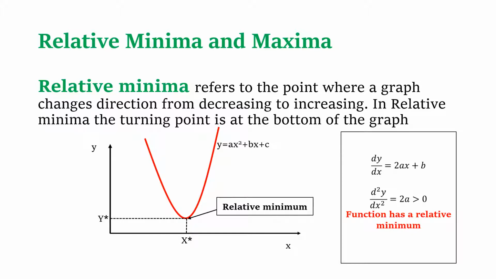You understand? But if it's positive, then obviously you have a minimum. That's how you know. It's simple, right? Now look at this graph. The function is y equals ax squared plus bx plus c, right?